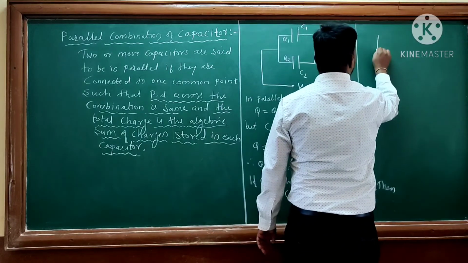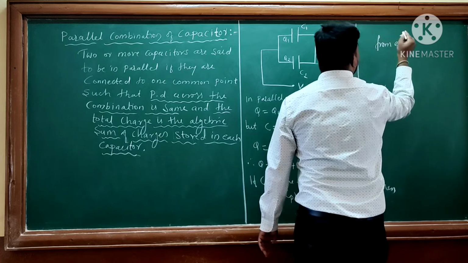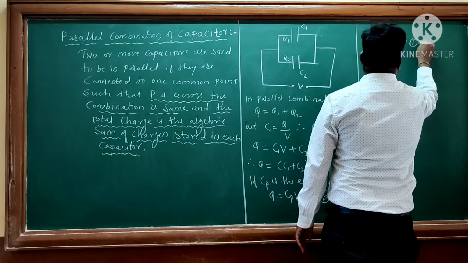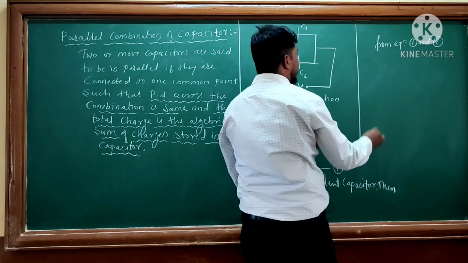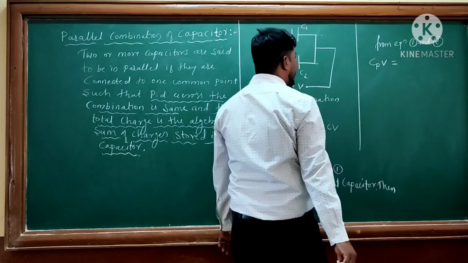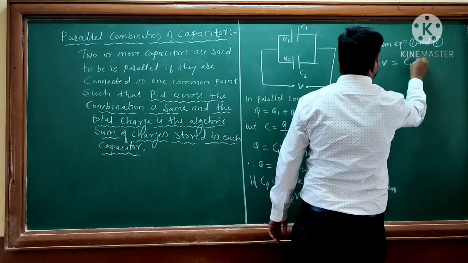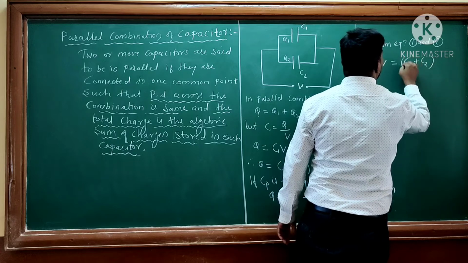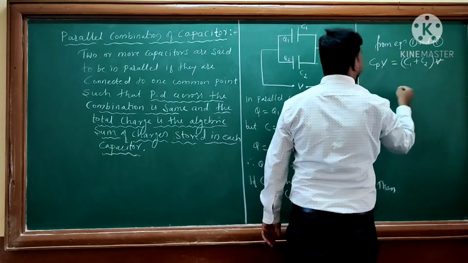So from equations 1 and 2, we can write Cp into V is equal to C1 plus C2, into the bracket V. So this V gets cancelled.